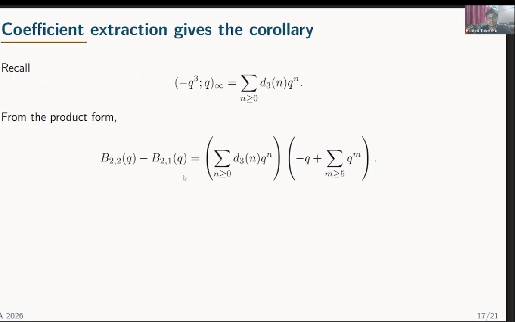Now we replace this distinct parts product by its coefficient expansion, the sum of d3 of n times q to the power n. Then the positive tail contributes the partial sum of d3 of i from i equal to 0 to n minus 5, and the negative q term contributes d3 of n minus 1.